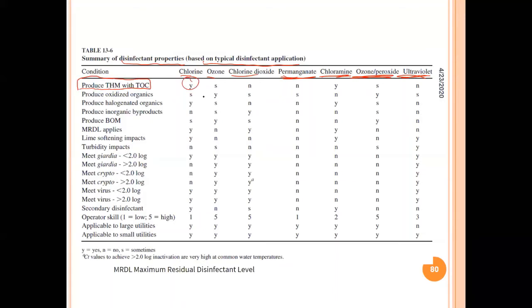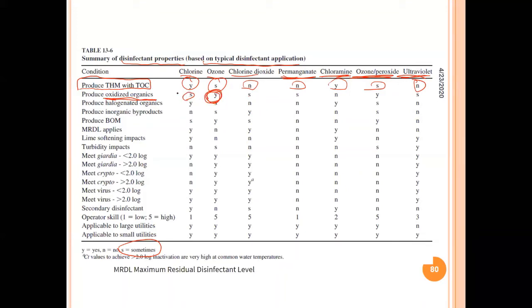Chlorine will form, yes, but ozone will form sometimes, and chlorine dioxide will not form trihalomethane. Permanganate will not form. Chloramines will form. Ozone will form sometimes, and UV will not form. Produce oxidized organic product: chlorine will sometimes, but ozone will form.